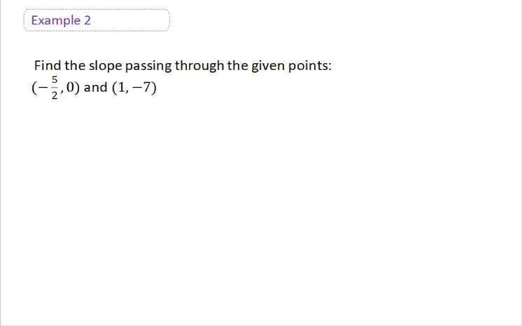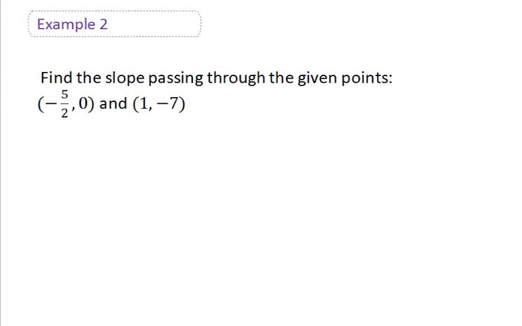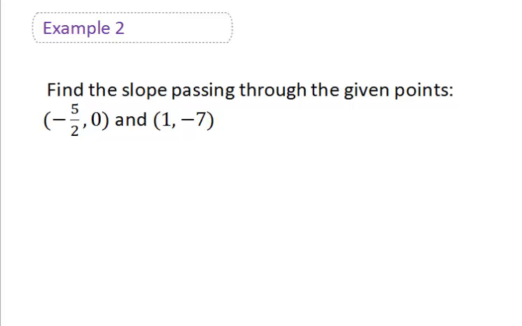My second example is we want to figure out the slope that goes through the points -5 halves, 0, and 1, -7. Go ahead and pause the video and see if you can figure out what the slope is on your own. Okay, so my formula is my y2 value of -7 minus my y1 value of 0 over my x2 value of 1 minus my x1 value of -5 halves.